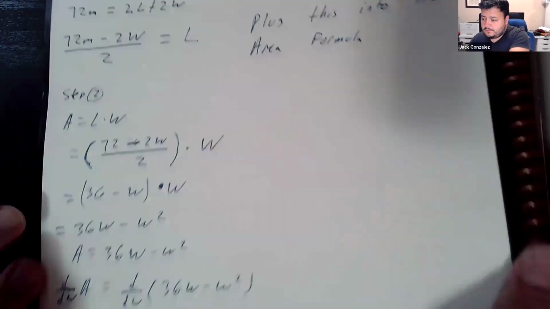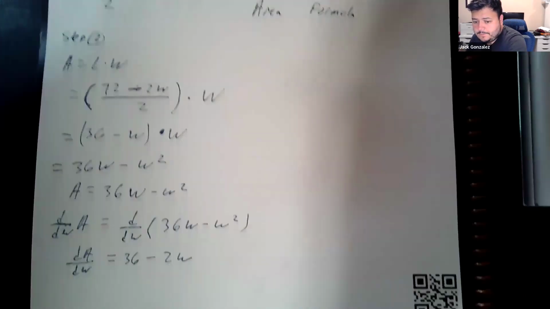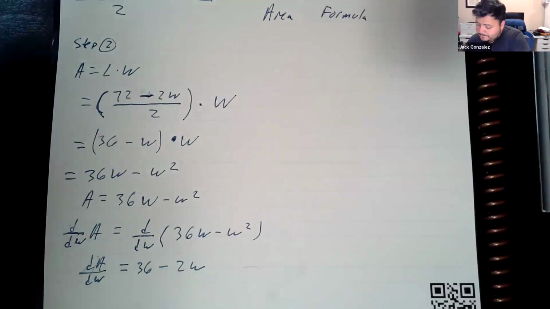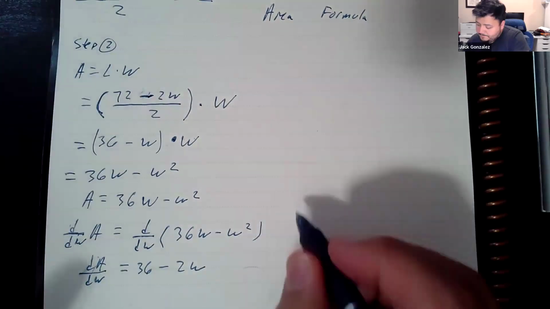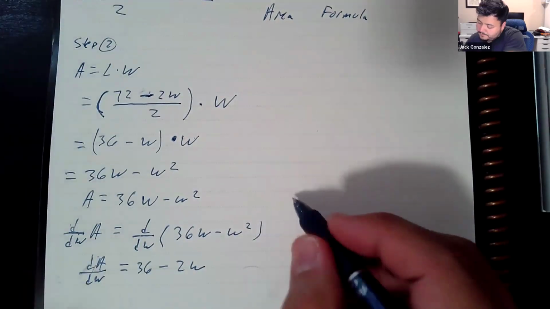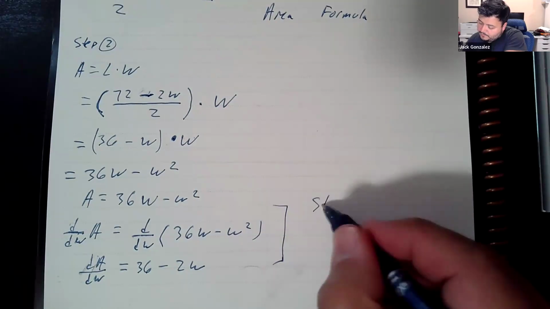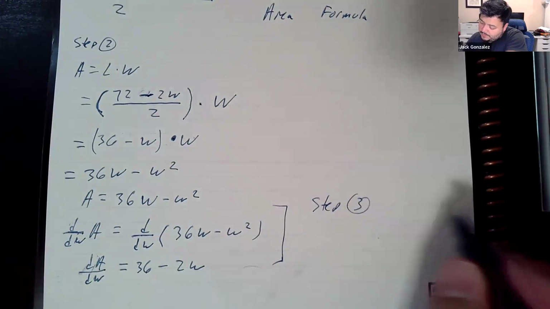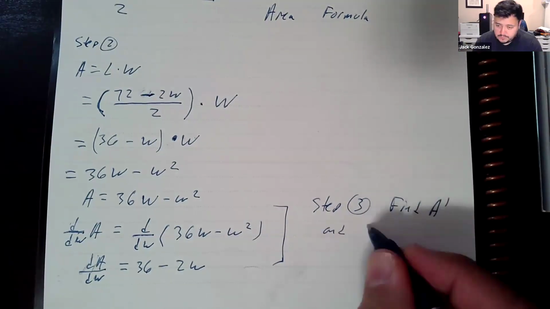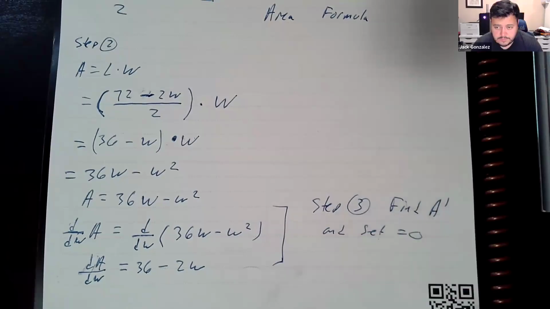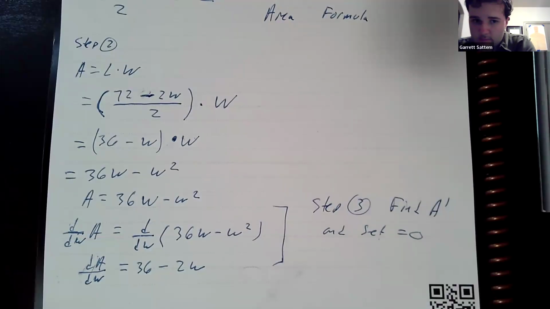Make some room here. Find A prime and set it to 0. Wait a moment and I'll turn the page. Not yet, I need to finish writing this.